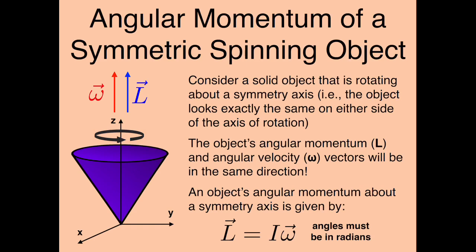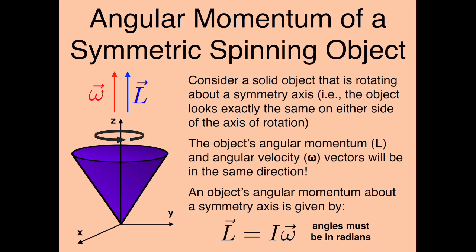If we have a solid object that is rotating about a symmetry axis, so for example, let's say we have this cone and it's rotating about the z-axis as shown here. We call this a symmetry axis because the object looks exactly the same on either side of the axis. It's perfectly symmetric with respect to that axis. So if that's the case, then the angular momentum of the object, L, and the angular velocity of the object, omega, are going to be pointing in the same exact direction.